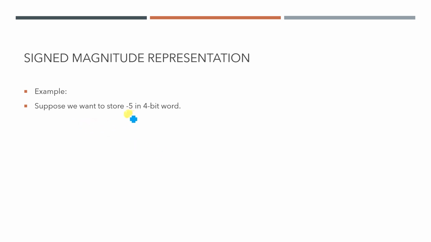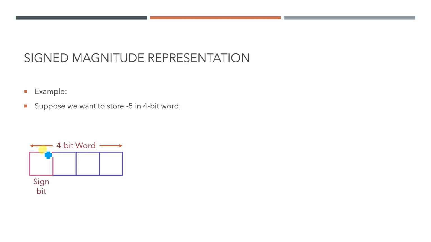Now let us understand how a negative number is represented. Suppose the given word size is 4-bit, and here this represents the sign bit and this represents the magnitude. We know that the binary equivalent of 5 is 101, so we put 101 over here, and for the negative number we have to put the sign bit as 1.